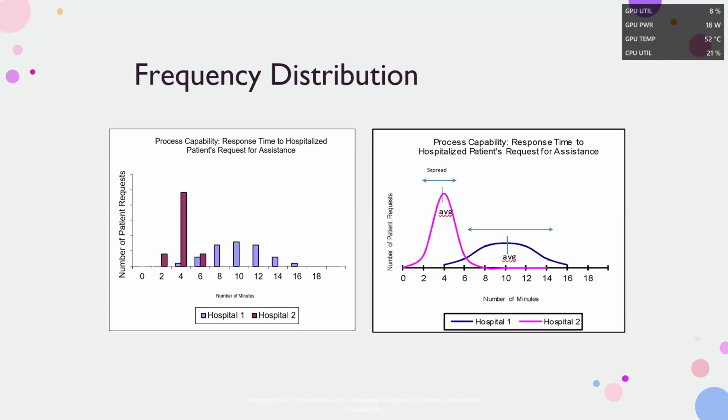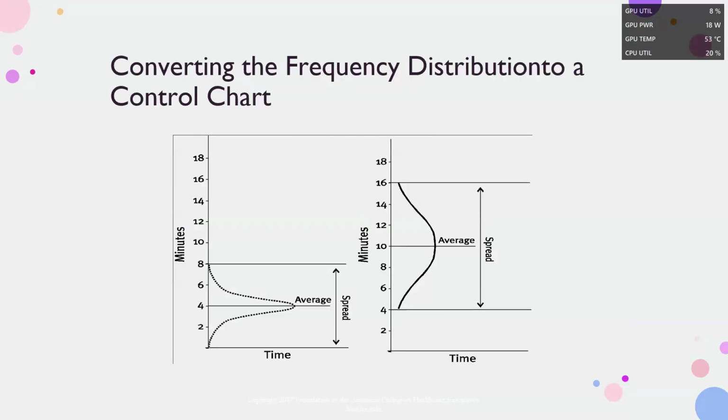You'll notice they turn them into the bell curves in the second one, but it's the same exact data. Now, if I were to take that data and flip it on its side, it would look like this. Hospital 1, hospital 2. Following me?